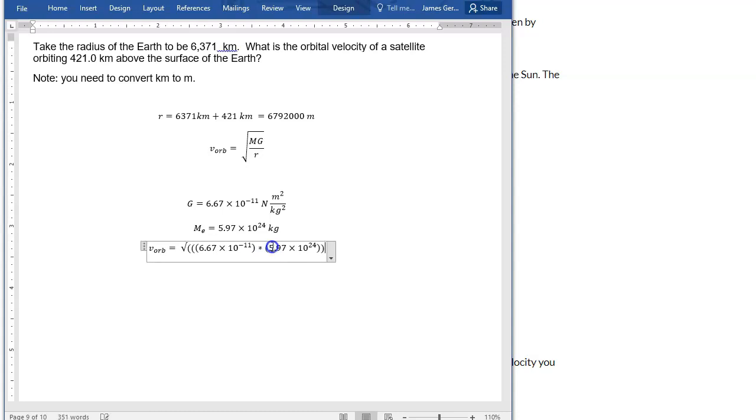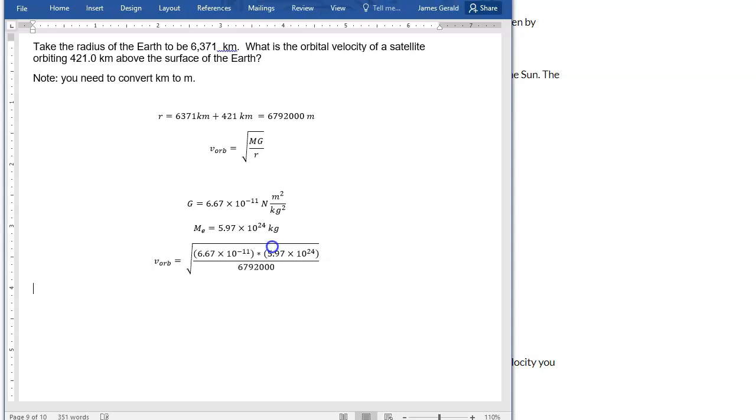All right, all of that divided by 6,792,000. So that's what we have to calculate.